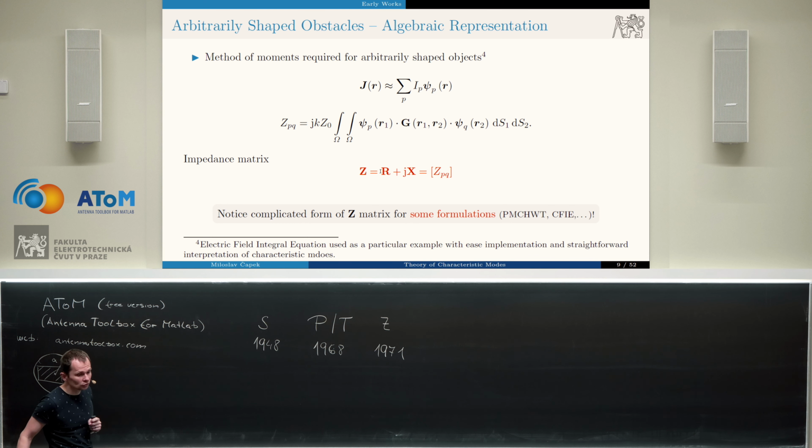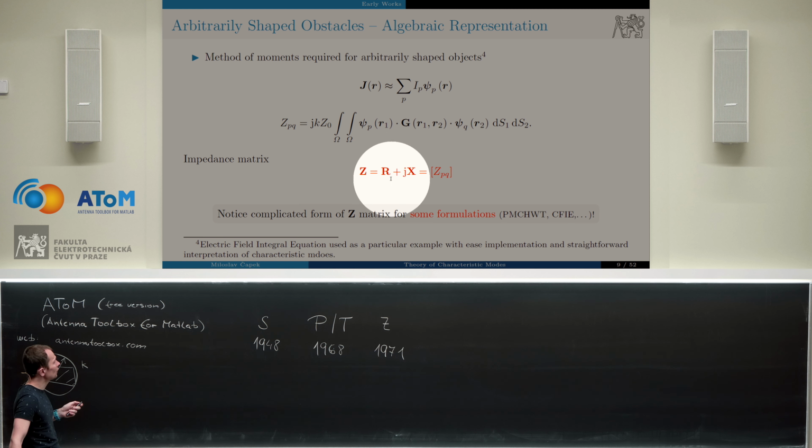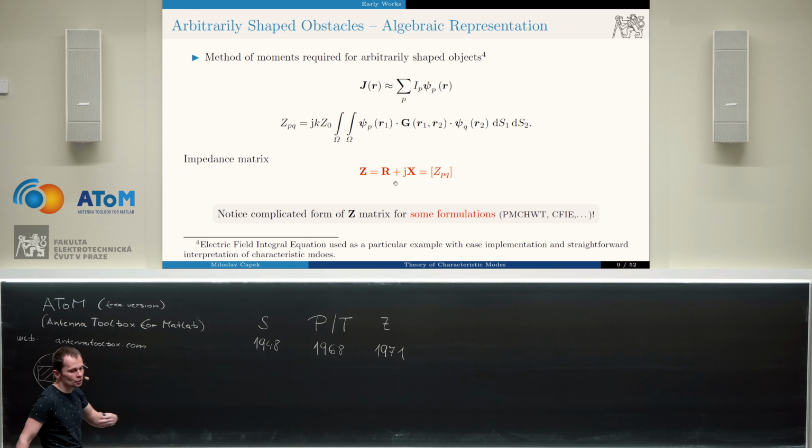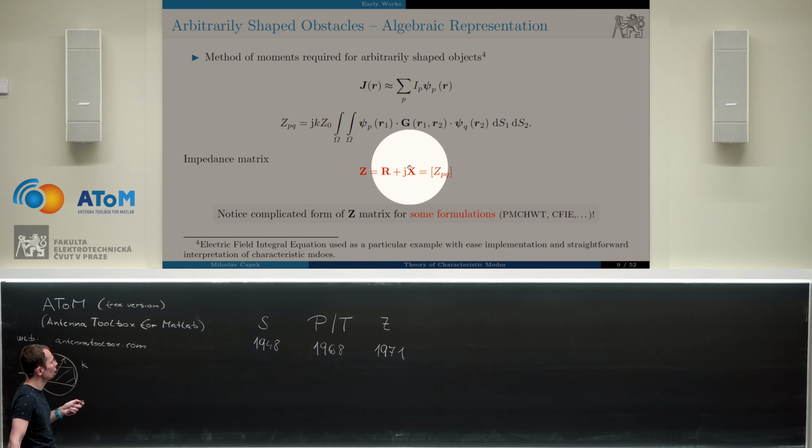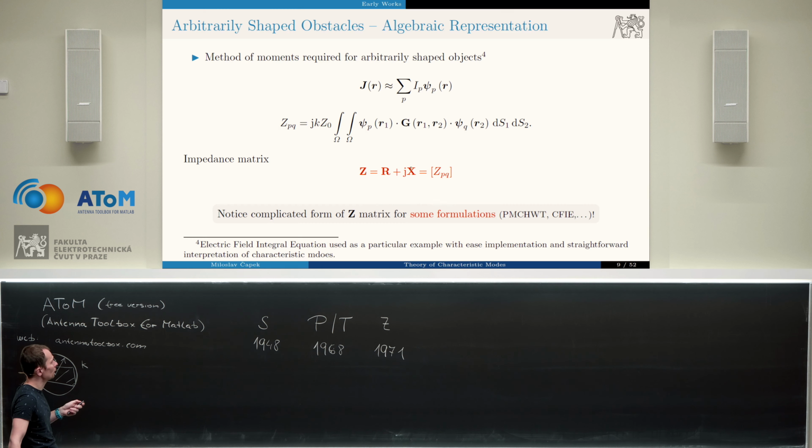And then it's not so straightforward to decompose the Z matrix into characteristic modes, because then you cannot utilize that the real part of the impedance matrix is directly the radiation of the structure, and that the imaginary part X of your impedance matrix is related to reactance. For example, for the combined field integral equation, it may be pretty complicated to isolate the radiation part of the impedance matrix.